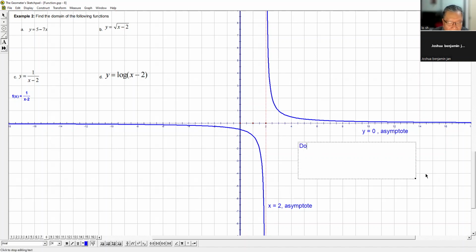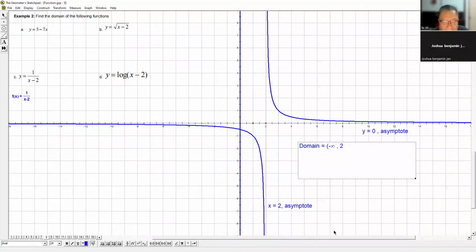The domain has two parts. The first part starts from negative infinity until 2, but it cannot take the value of 2.